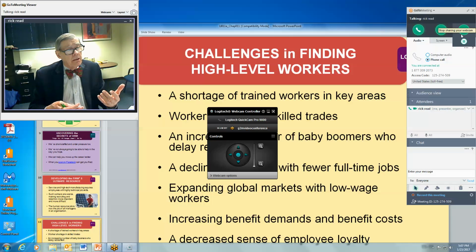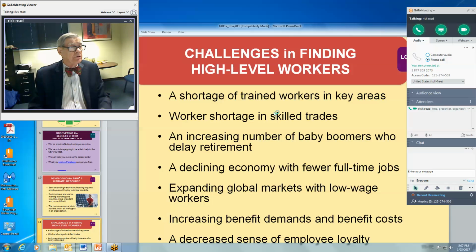Now, there's one thing on this slide that I do not want you to pay attention to, and that says a declining economy with fewer full-time jobs. We don't have a declining economy today. We have an economy that's building. Now, yes, that may change. We have a new administration. We have a Federal Reserve that is programmed to probably raise interest rates several times this year.